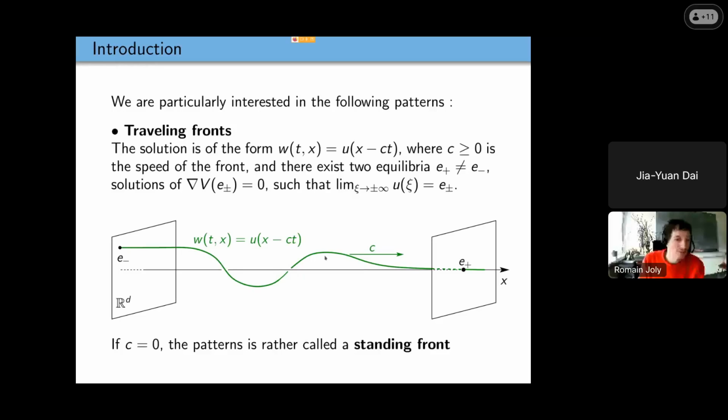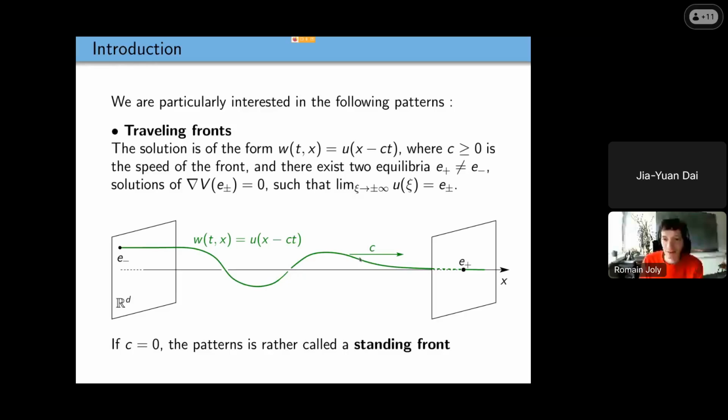Since this is a system, x belongs to the real line, that is the variable, and the profile U belongs to some R^d, the transverse space. It's moving at speed c. In my talk, c will be positive, just by symmetry.